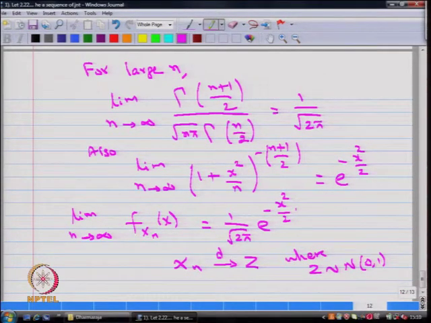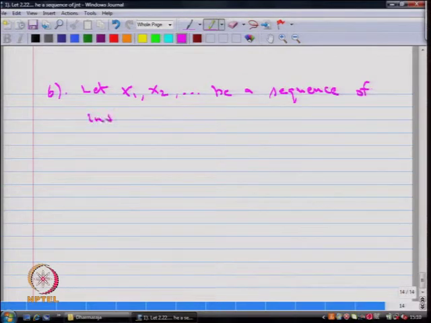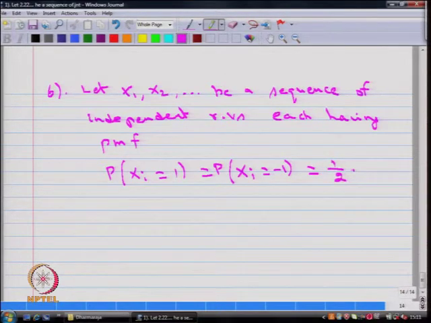Now, moving to next example. Example 6. Let X_1, X_2, and so on be a sequence of independent random variables each having probability mass function: probability of X_i is equal to 1, that is same as probability of X_i takes a value minus 1, the probability is 1 by 2.